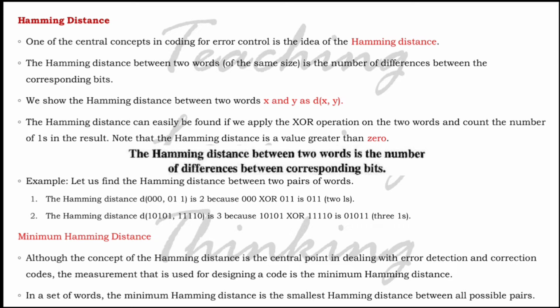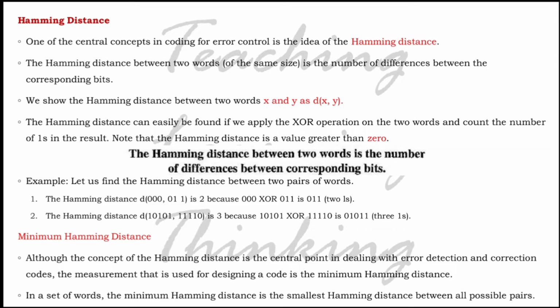We show the Hamming distance between two words x and y as d(x, y). The Hamming distance can be easily found if we apply the XOR operation on the two words and count the number of ones in the result.